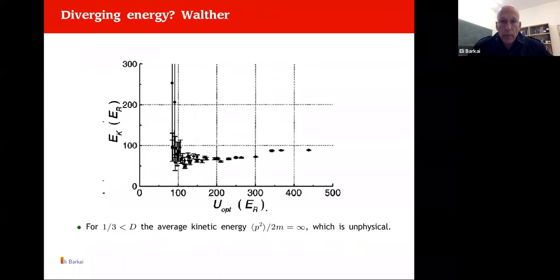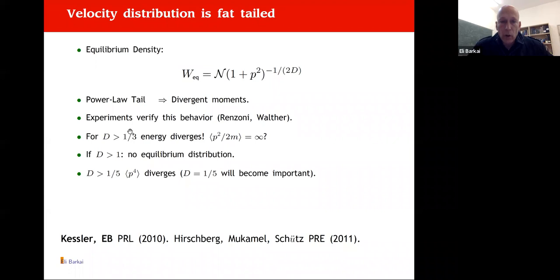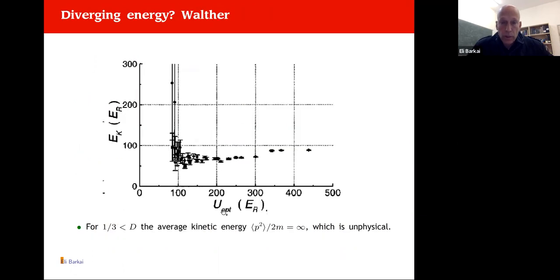So you can ask, what do I mean by a diverging second moment of momentum? First of all, this is not cold at all. This is a very hot thing. So what do you see in the experiment? This is the average kinetic energy in units of recoil energy, and this is the parameter U0, measured in units of the recoil energy.